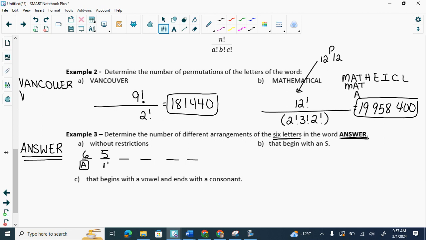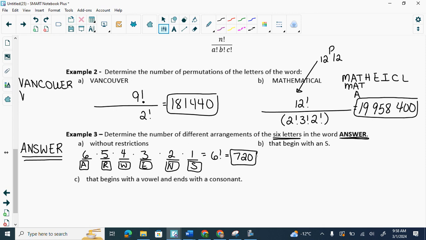Say I keep the R here. Then I have 4. Keep the W. Then I have 3. Keep the E. Then I have 2. Keep the N. And then I have 1. I just have the S left. Make sure you have the dots. 6 factorial, which is 720.